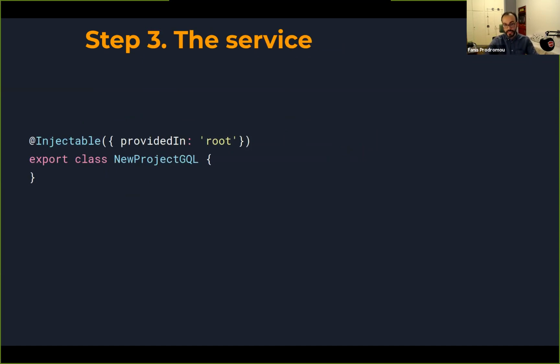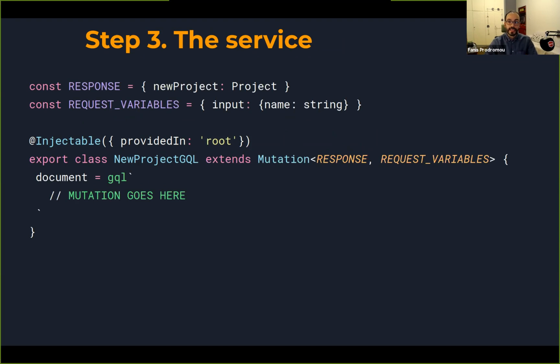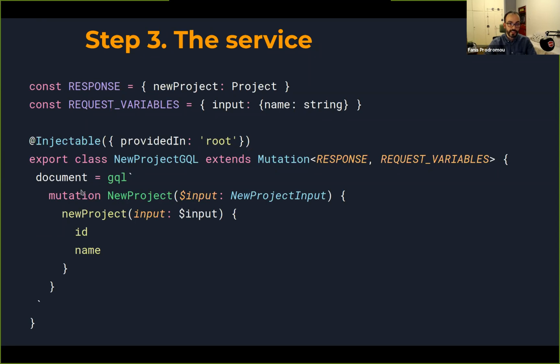Okay, nice. So let's start with the service. No more than a simple service this time, but again, let's add more semantics, more Apollo client, more GraphQL semantics. This time we don't extend with query, but we extend with mutation. And this accepts a generic of 2 types. The first one is the response, and the second one is the request variables. And we have to paste here our mutation.